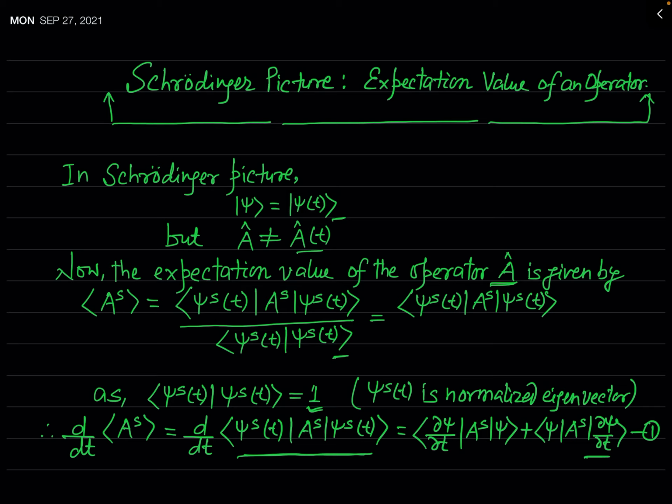Now this del psi by del t, which appears in our equation, can be obtained from the equation of motion of the Schrodinger picture. When you say equation of motion of the Schrodinger picture, what does it mean? It means the time dependent Schrodinger equation.